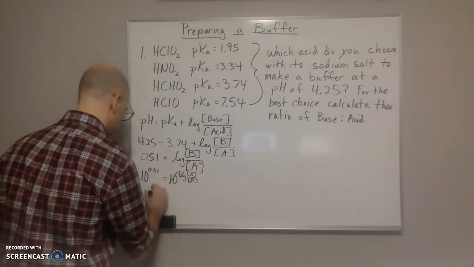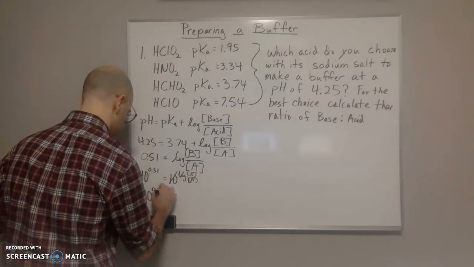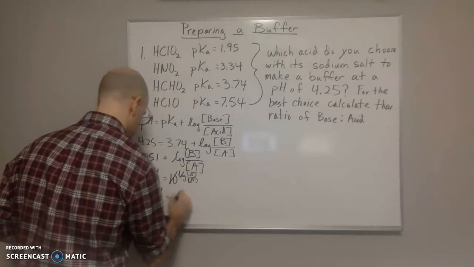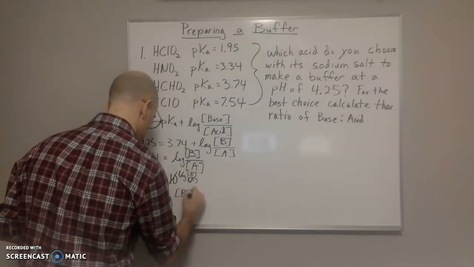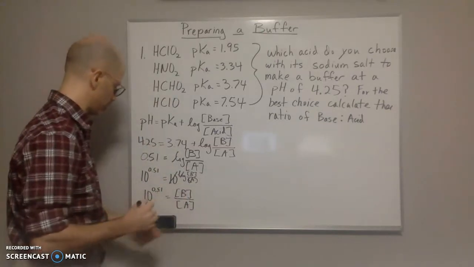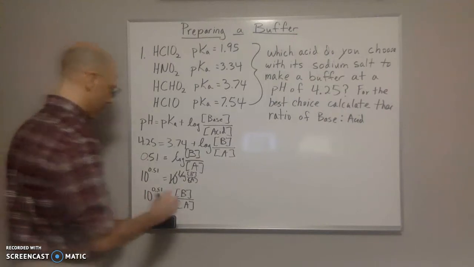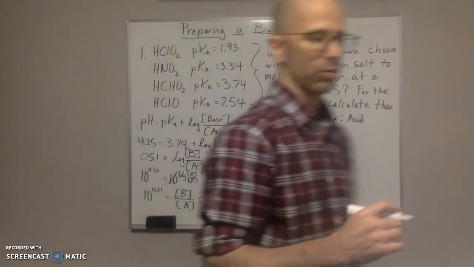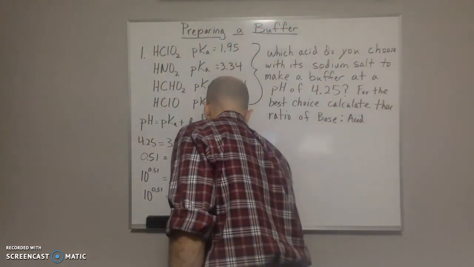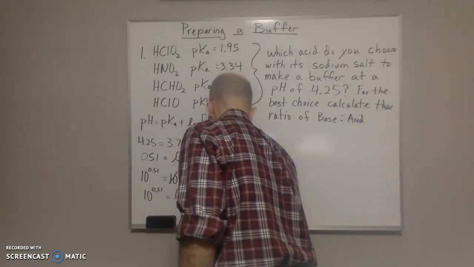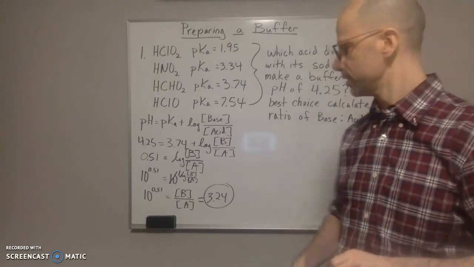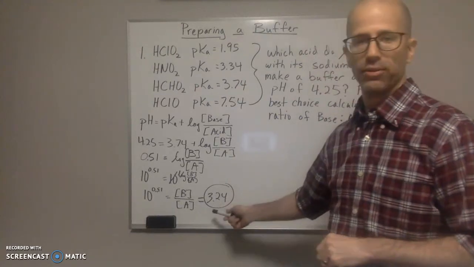So that becomes 10 to the power of 0.51 is equal to the concentration of the base over the concentration of the acid, so that ratio. All we need to do is calculate that value, and that is going to be equal to 3.24. So 3.24 is the ratio of the base to the acid. That's the ratio of base to acid that we want.